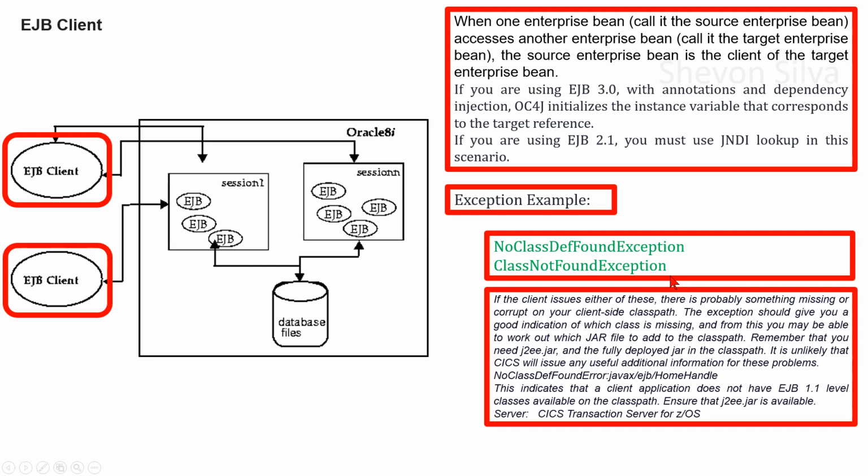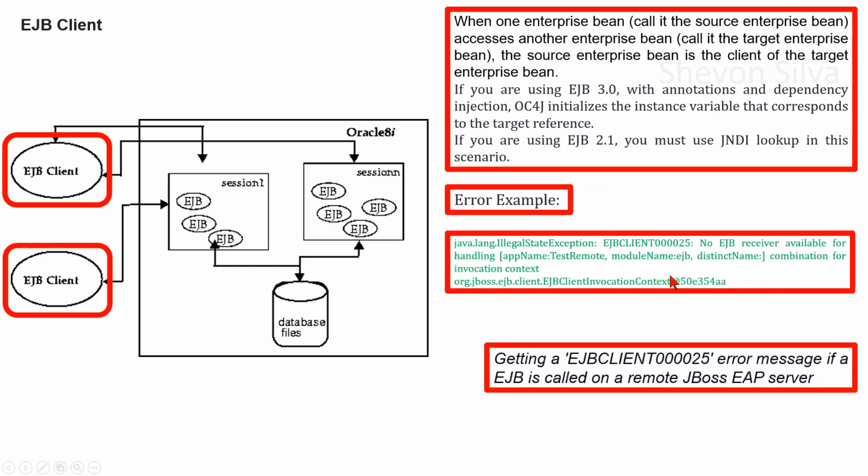And then as an error example, we can consider getting EJBCLIENT000025 error if an EJB is called on a remote JBoss EAP server.